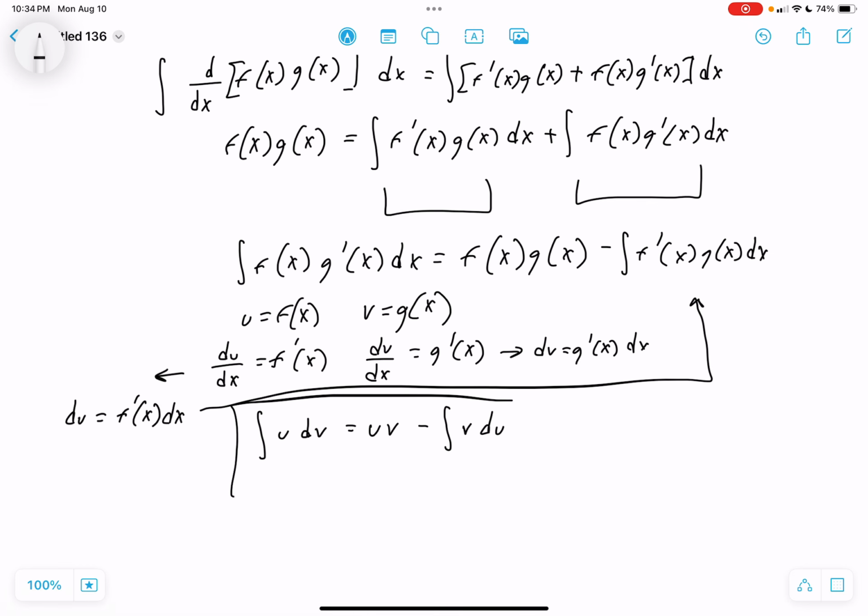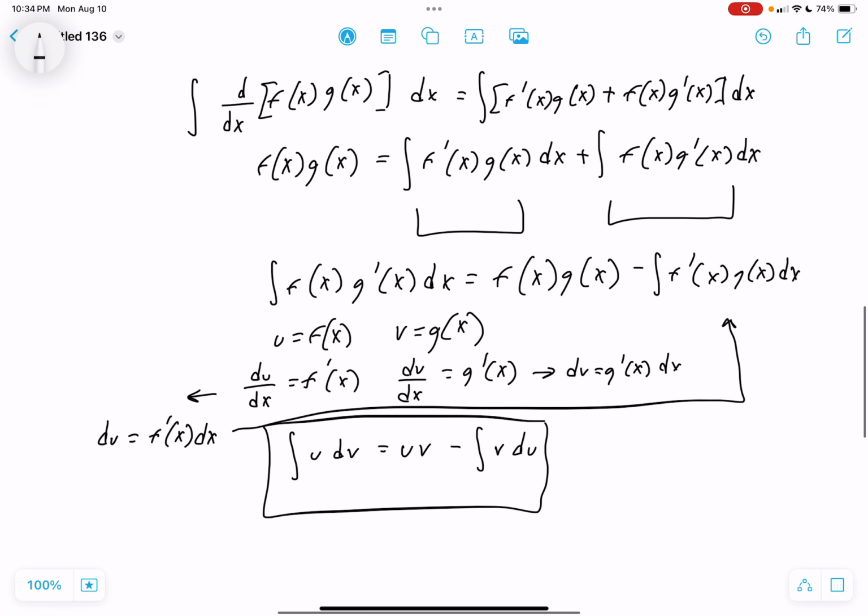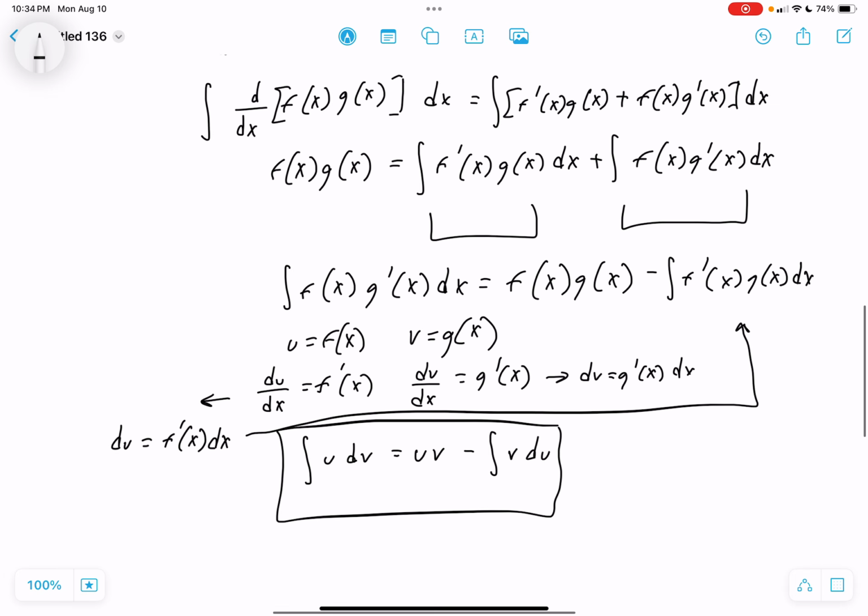And this is the formula for integration by parts. Pretty cool. Now obviously for the AP Calculus BC exam you do not need to prove this, but it's very helpful.